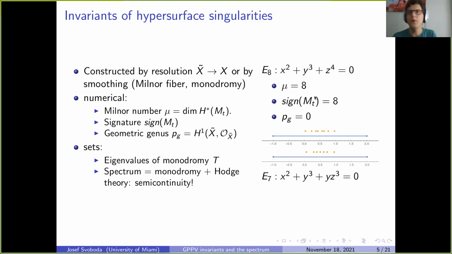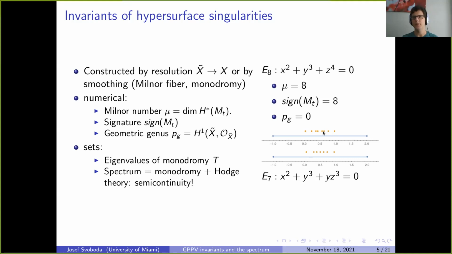So if you deform E8 to E7, then the spectrum behaves very nicely, and it behaves semi-continuously in a sense. You may notice that now we have 7 dots, so there are fewer of them. This is one way of semi-continuity, that the number always goes down, but there is more.